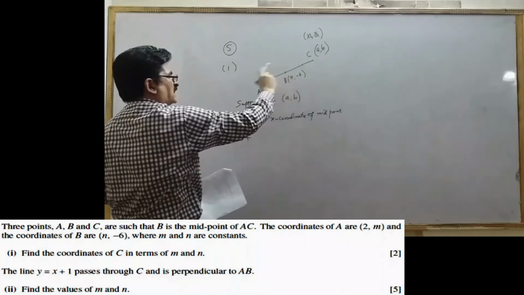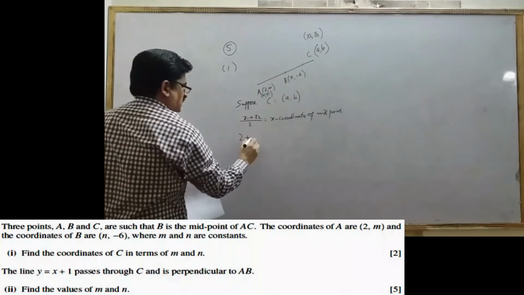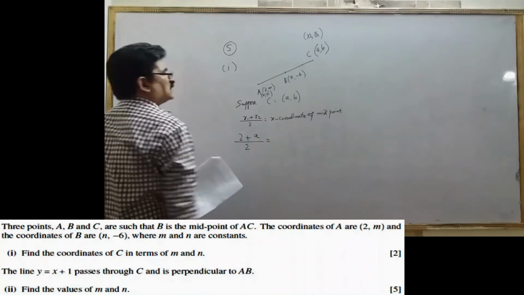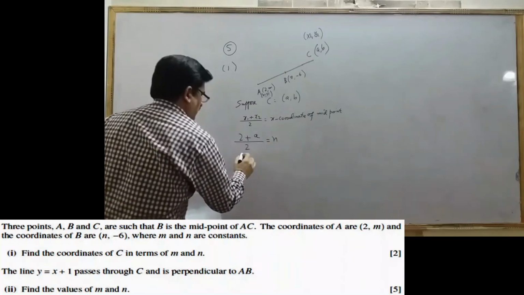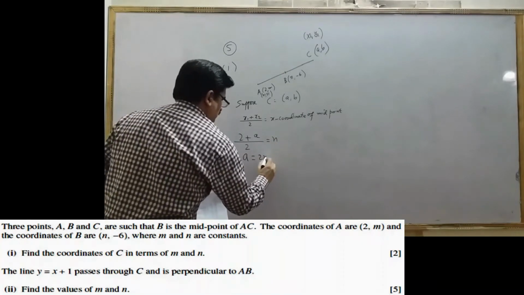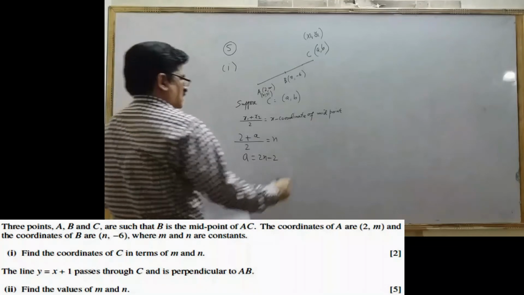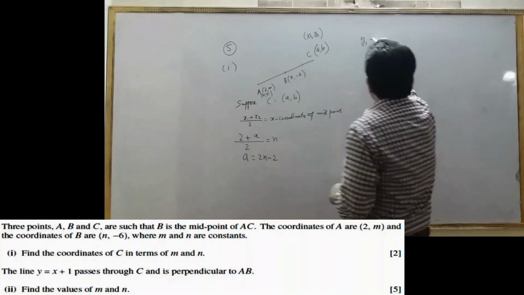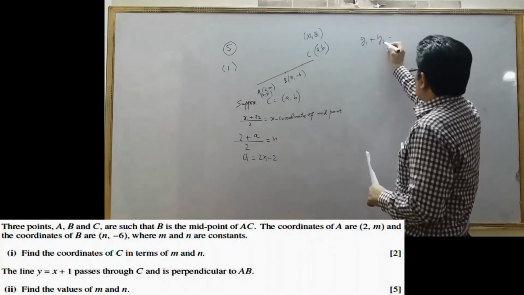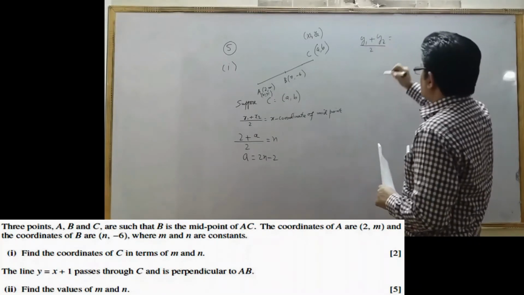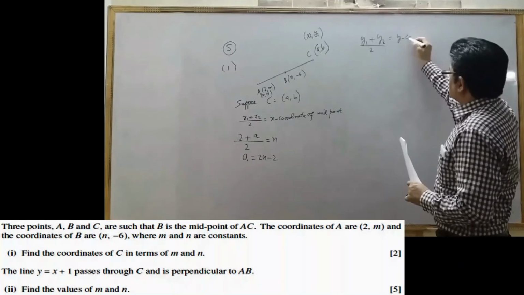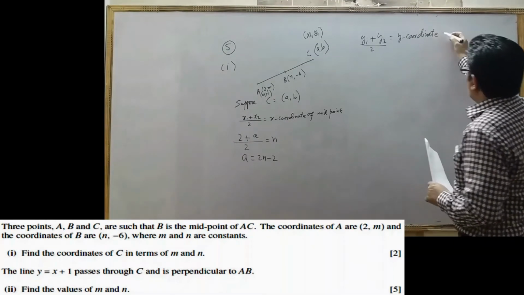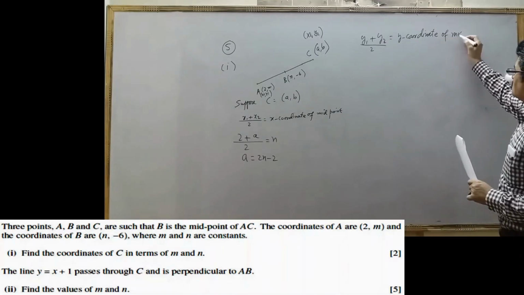This is the midpoint. So x1 plus x2 means 2 plus a over 2. This is equal to n. From here a is equal to 2n minus 2. Similarly, y1 plus y2 over 2 is equal to the y coordinate of the midpoint.